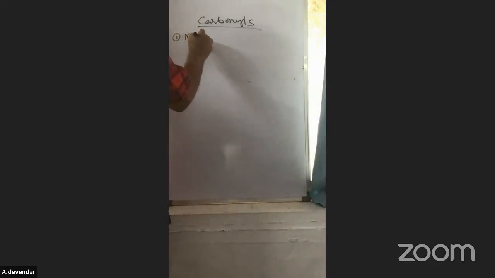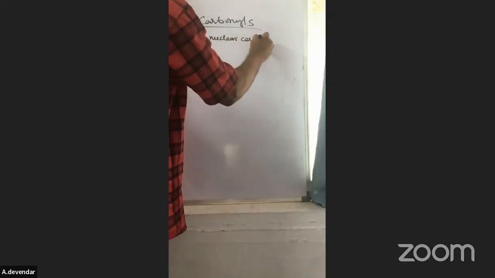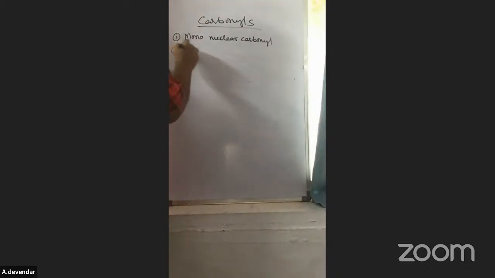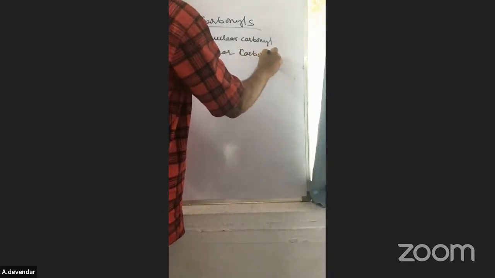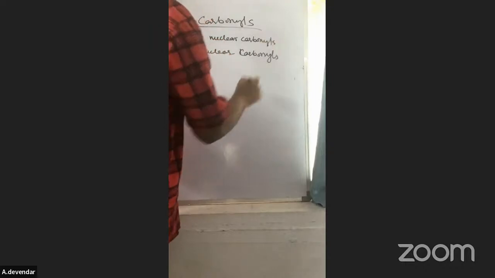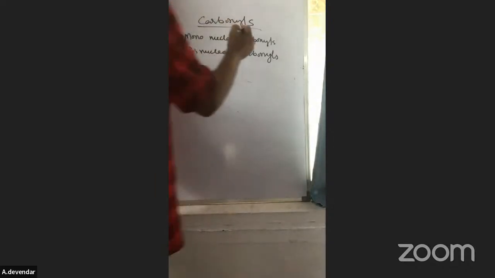There are two types of carbonyls, mononuclear and binuclear. In a mononuclear carbonyl, there is only one central atom, and the remaining ligands are present around it. Binuclear means two central atoms are present. I will write examples of mononuclear carbonyls.